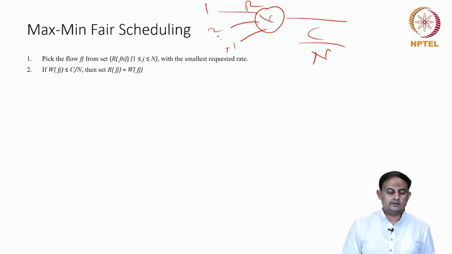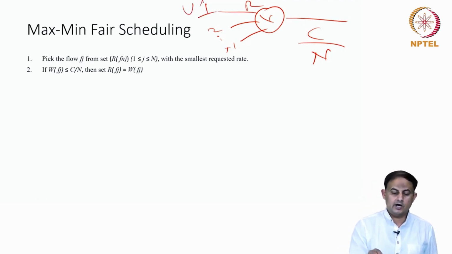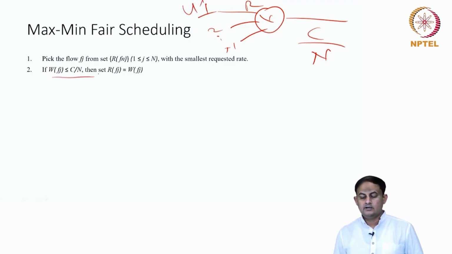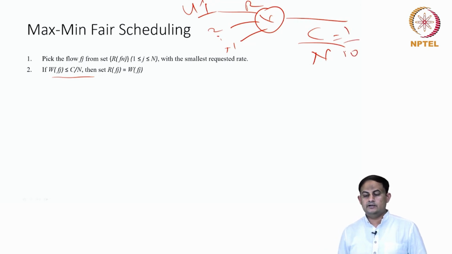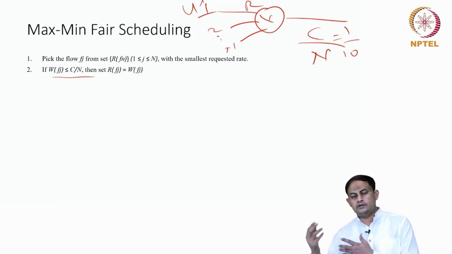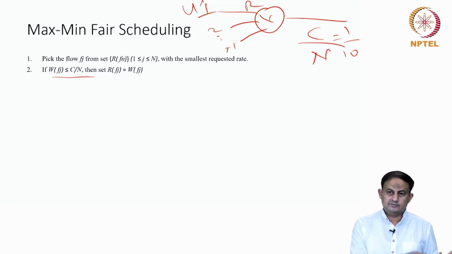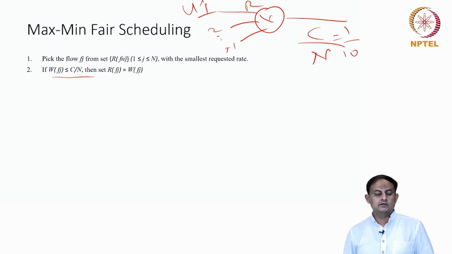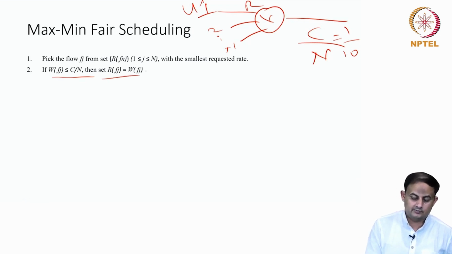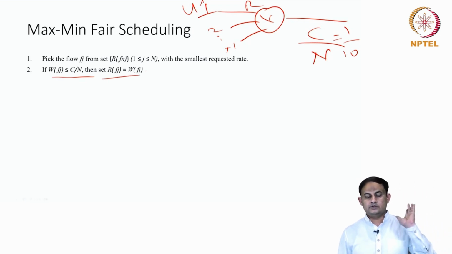Let us say C is 1 Mbps and the users are 10, so 1 Mbps is divided among 10 users, and each gets 0.1 Mbps. If the transmission rate of user 1 is smaller than C by n, then you allocate whatever he is asking for to user number 1.